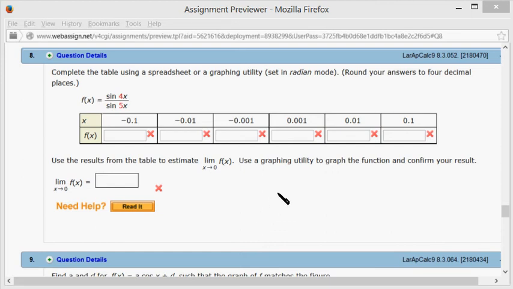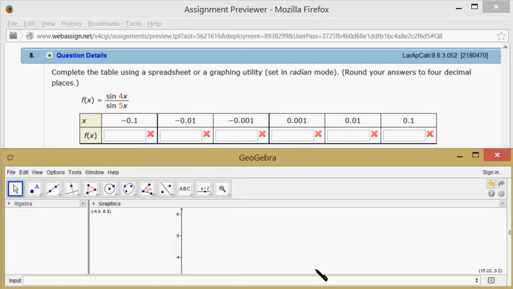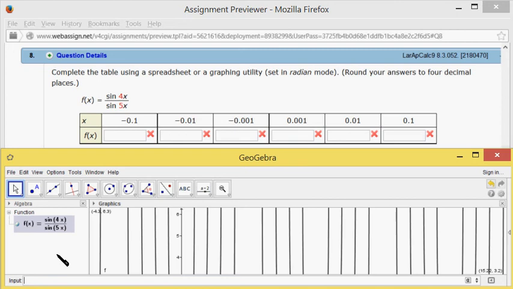I'm going to use GeoGebra, so I'll bring up GeoGebra right here and define the function. In the input box, we type in f of x equals sine of 4x divided by sine of 5x, then hit enter.